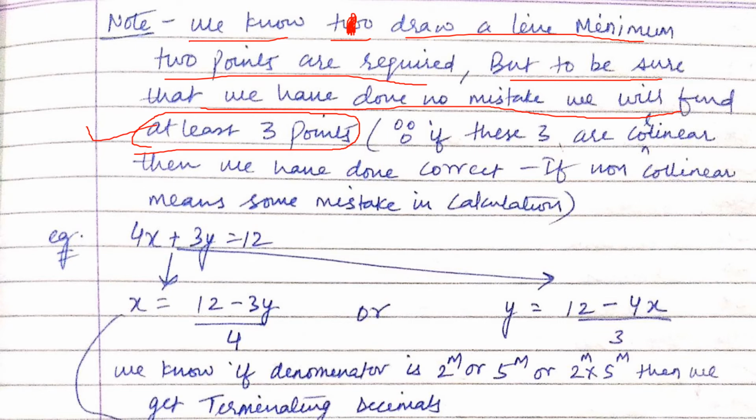When you plot these points on the xy plane, if they are coming in a straight line, then it is okay. If the points are in a line, they are known as collinear because they form a straight line. But if the points are not like this, then they are not collinear, and hence we can say the points we have found are not correct. So we have to correct it again. That is why we should find at least 3 points.